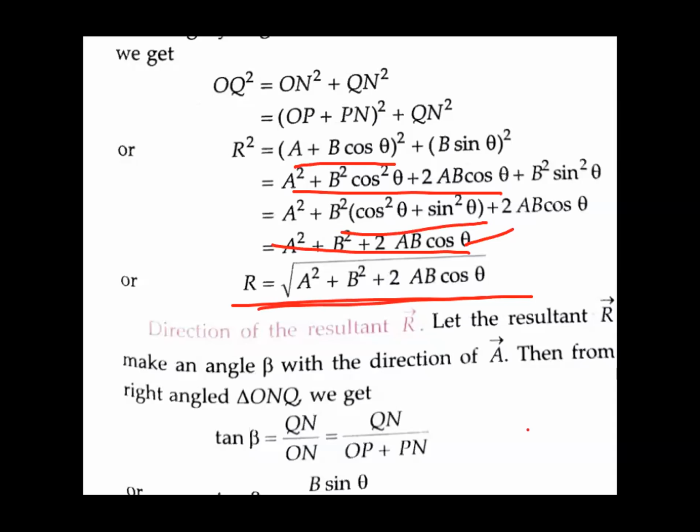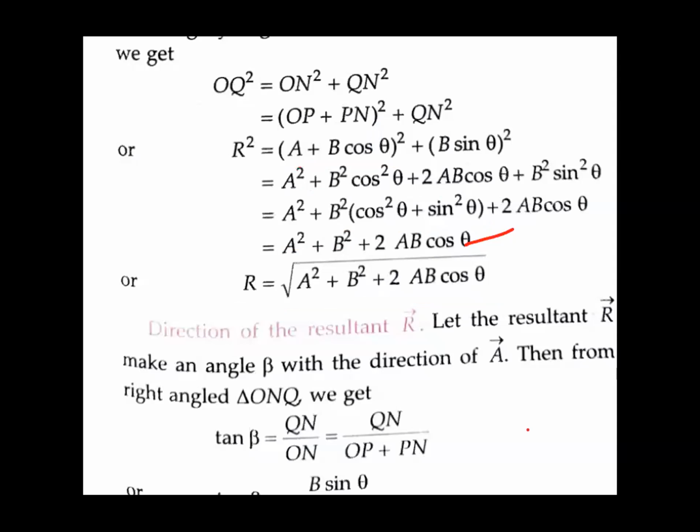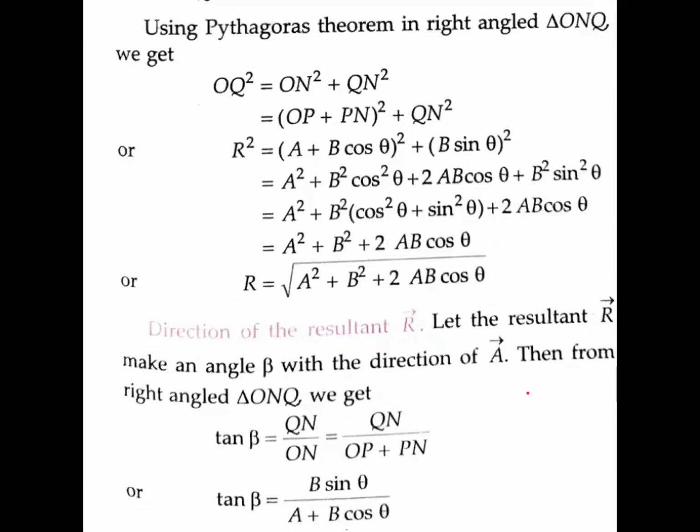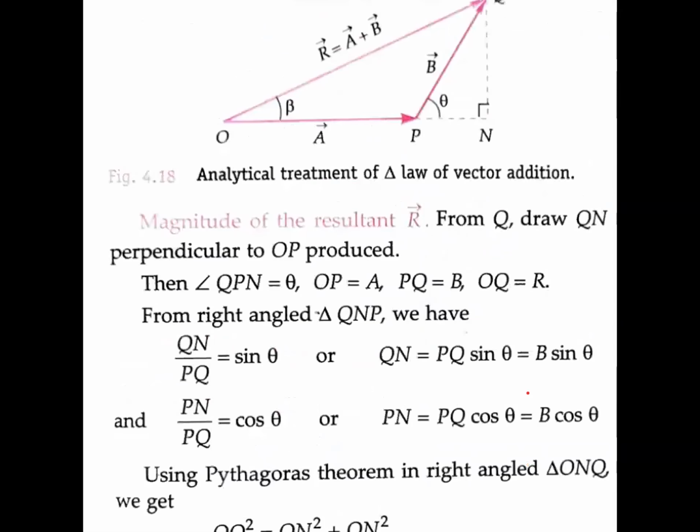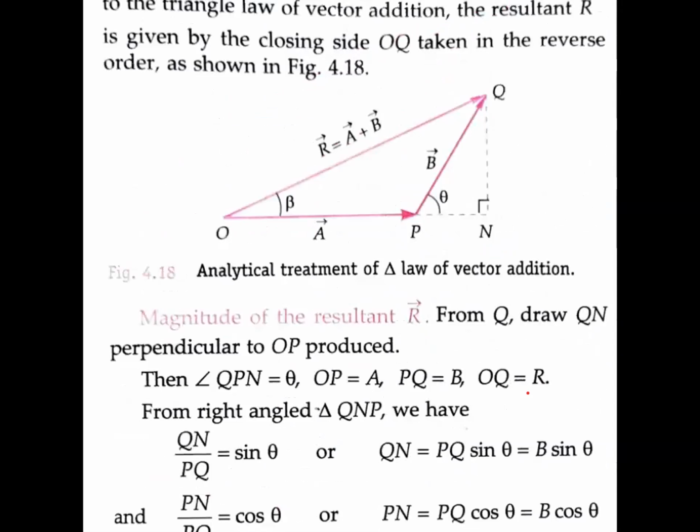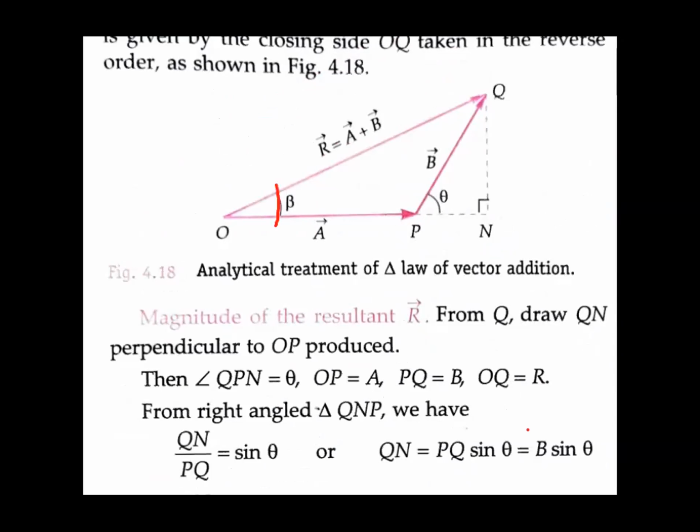Now this is your resultant vector R, but we require direction. We require direction, children. So for direction, we require to find out the angle. As we can see here, the angle is beta. So we require to find out the angle beta.